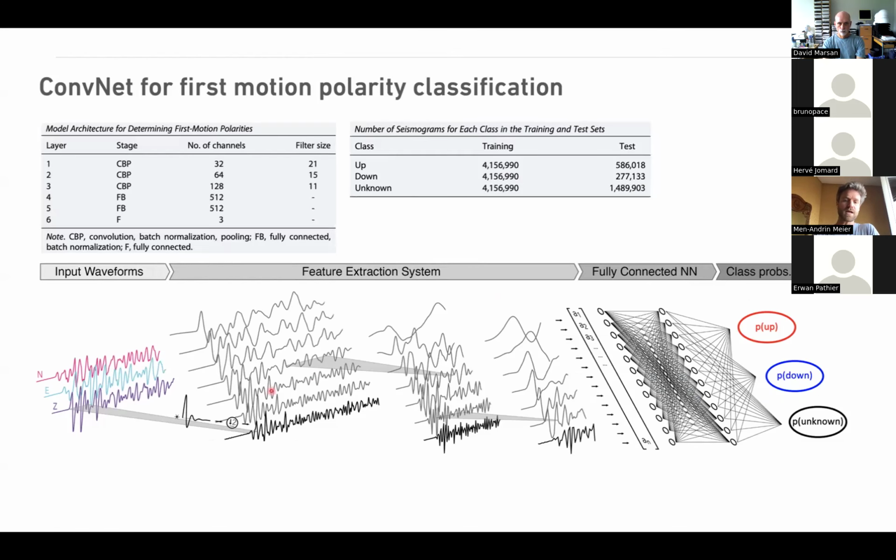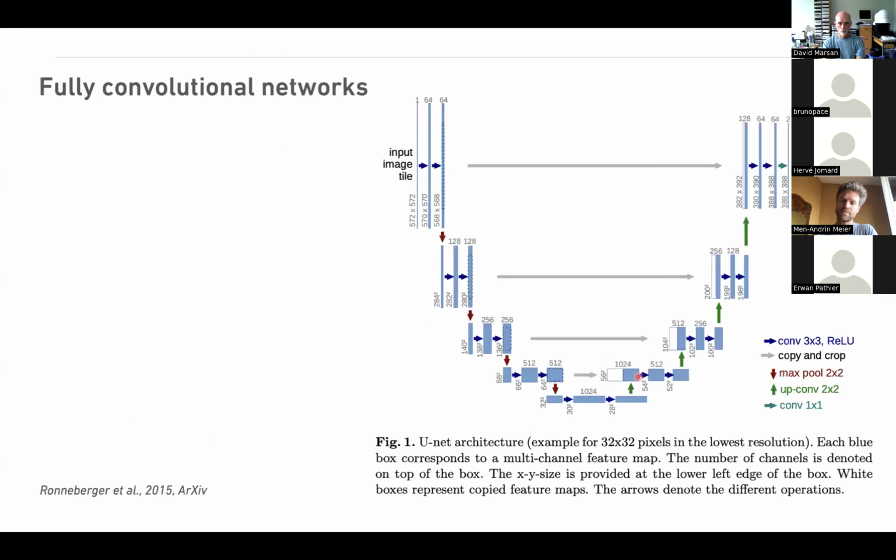And so this network had a couple of convolutional layers and then fully connected layers. More recently, people have started doing fully convolutional networks, so-called U-Net architectures, where you do the convolution and the pooling, convolution and pooling, but then you do an expansion again, where you basically do the opposite of pooling, but again with convolutions, and then you end up with something that has, for example, the same dimensions as your input.